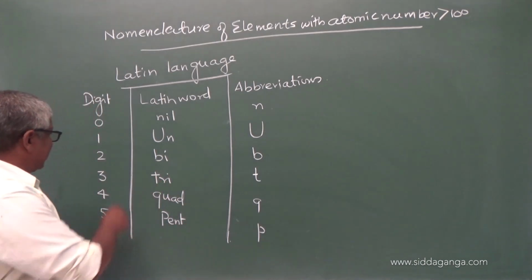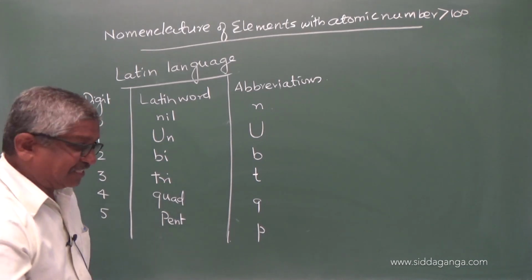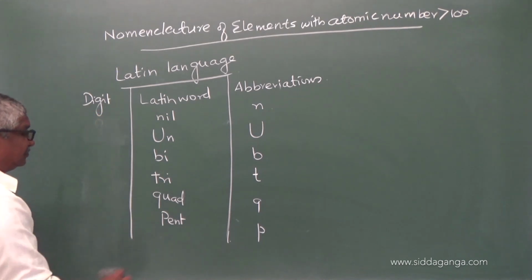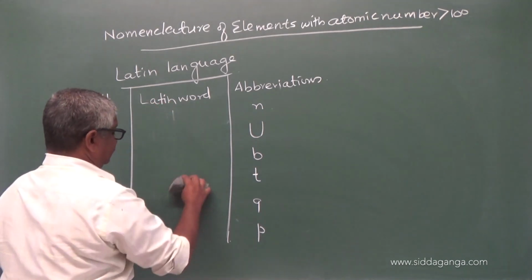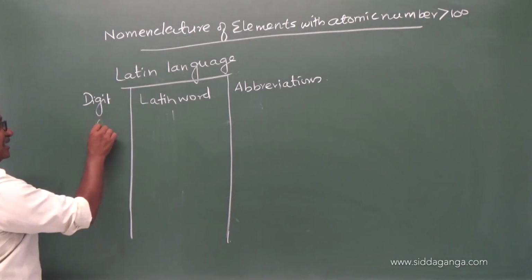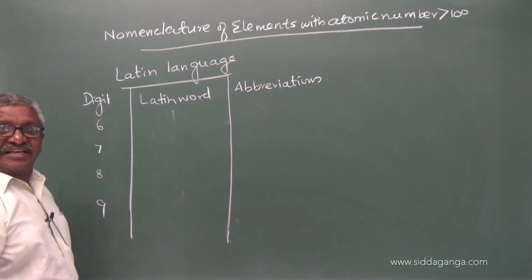Now we have seen four digits. Another four digits are 6, 7, 8 and 9.